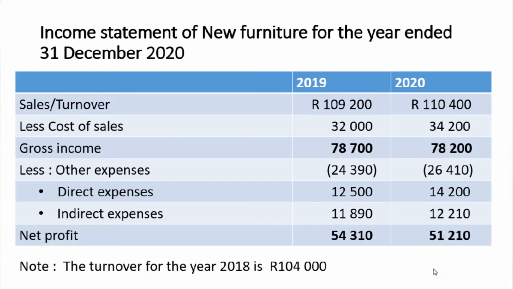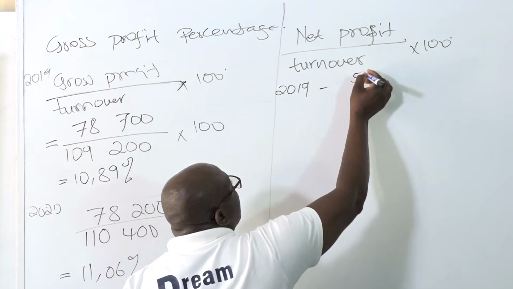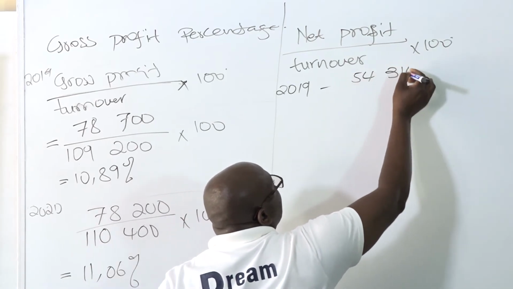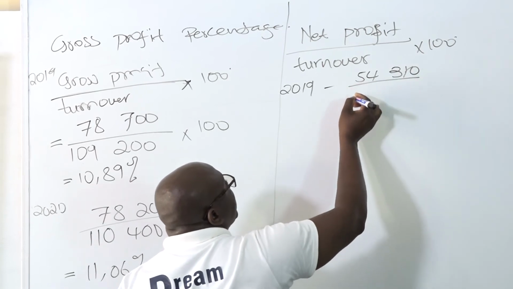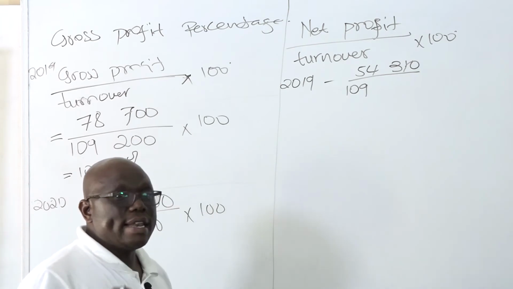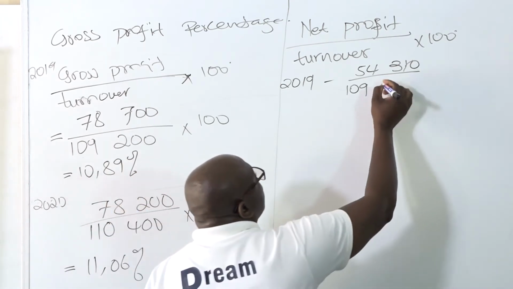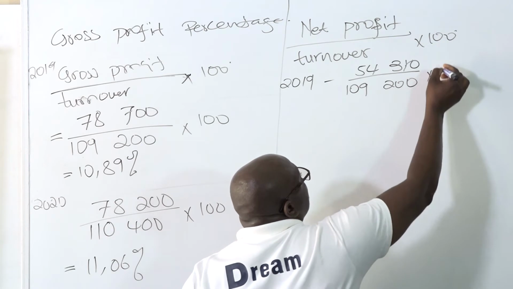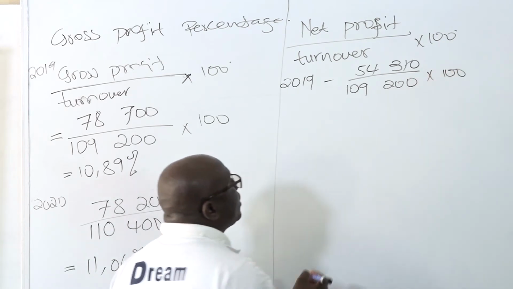So in 2019, 54,310 divided by our turnover for the year. Remember, it's 109,200, and we multiply by 100.